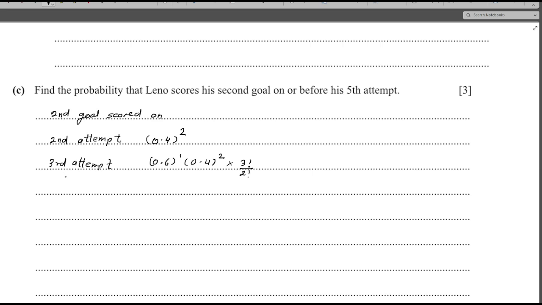Now on the fourth attempt, it is 0.6 square and 0.4 square.